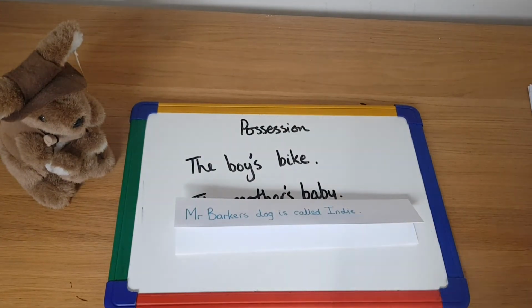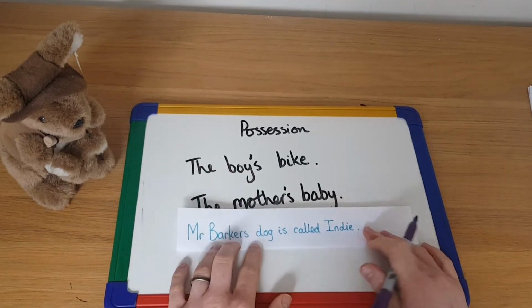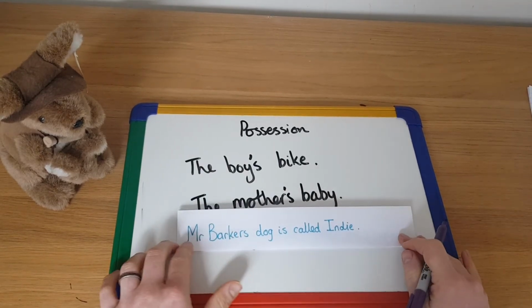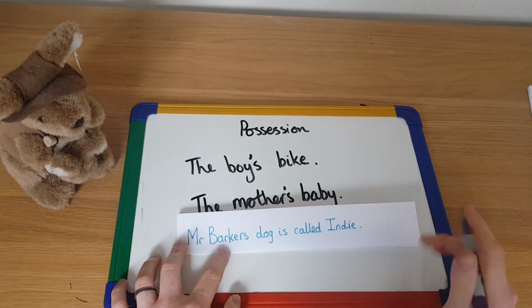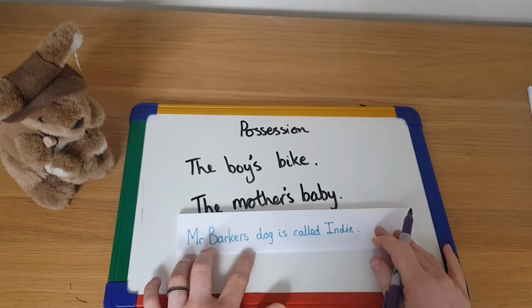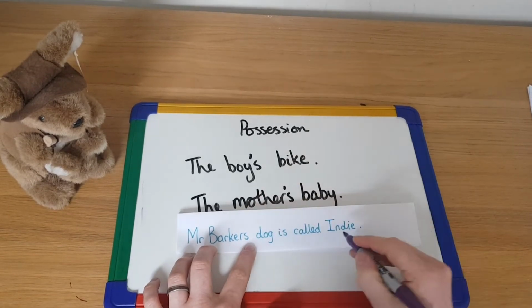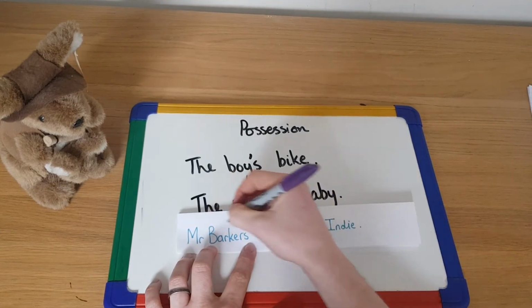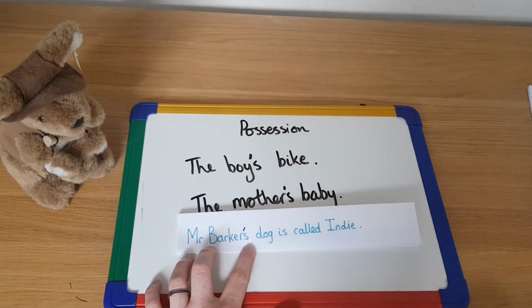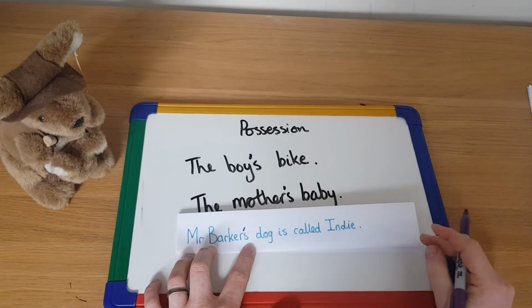Let's have a look at purple. Mr. Barker's dog is called Indy, probably the best dog in the world. How do I want to say that Mr. Barker owns the dog? Well, Mr. Barker, even though probably Indy owns me more than anything, I'm going to put the apostrophe there to show that I own the dog.